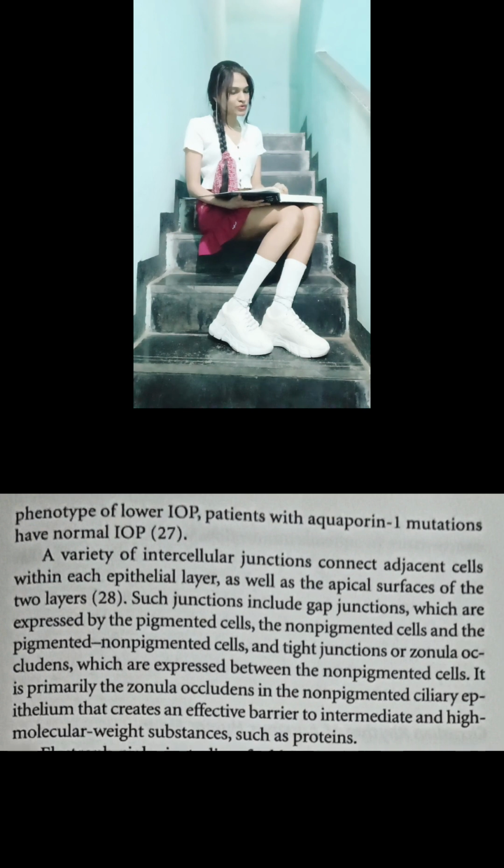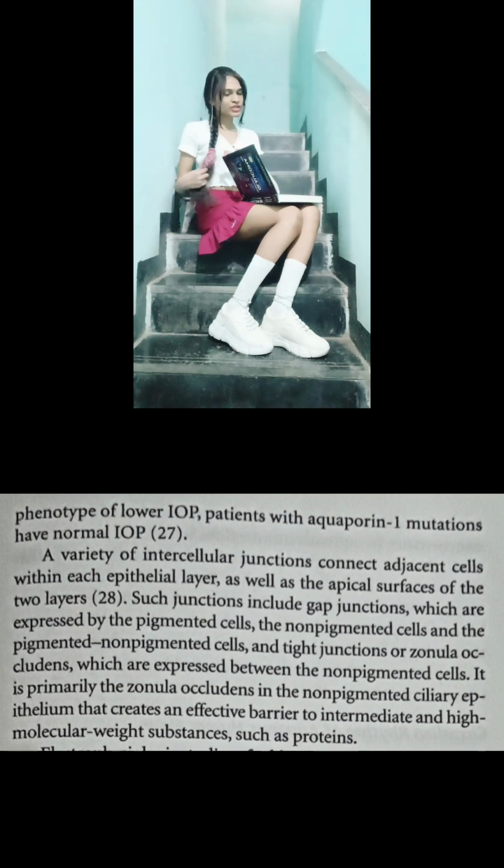A variety of intercellular junctions connect adjacent cells within each epithelial layer as well as the apical surfaces of the two layers. Such junctions include gap junctions, which are expressed by the pigmented cells, the non-pigmented cells, and between the pigmented and non-pigmented cells, and tight junctions or zonula occludens, which are expressed between the non-pigmented cells.